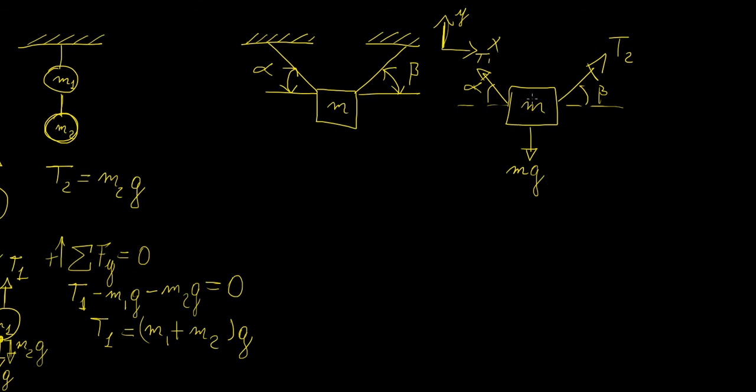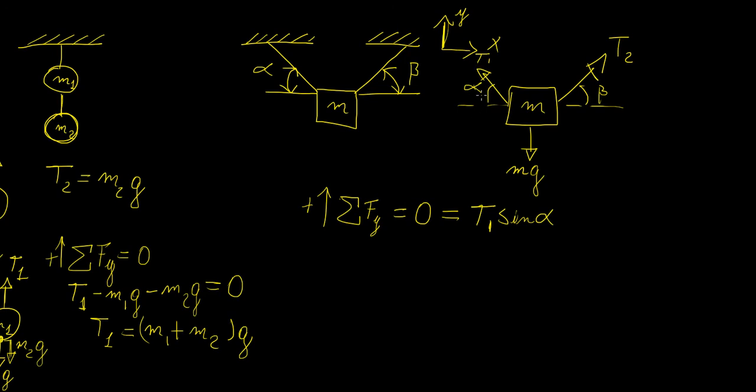So in this case, we need to make sure that we can actually solve for T1 and T2. The first thing we can do is take the sum of the forces in the y direction and make that equal to 0. Now you're going to have the vertical components of these vectors, which are going to be T1 times sine of alpha. This just comes from trigonometric relations.